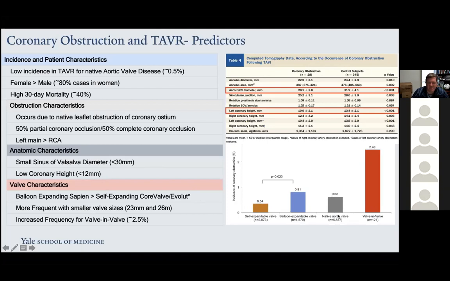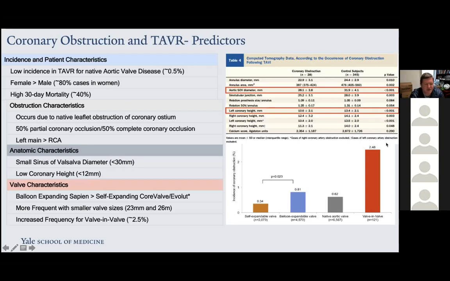Here's looking at native aortic valves, so a TAVR in a native aortic valve, and this is looking at a TAVR for a valve in valve, so inside a surgical aortic valve. You'll see first that the rate inside of a surgical aortic valve is significantly higher.